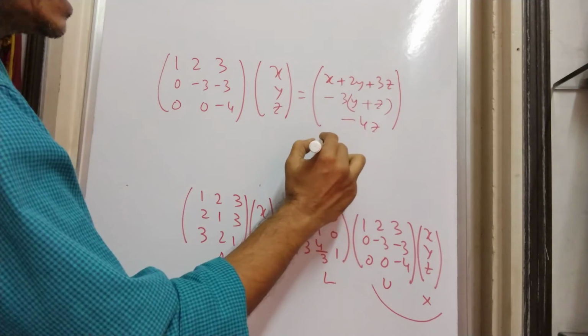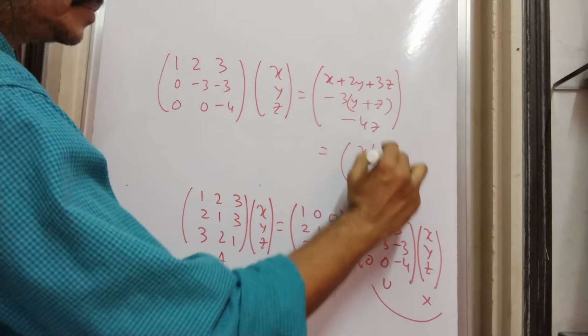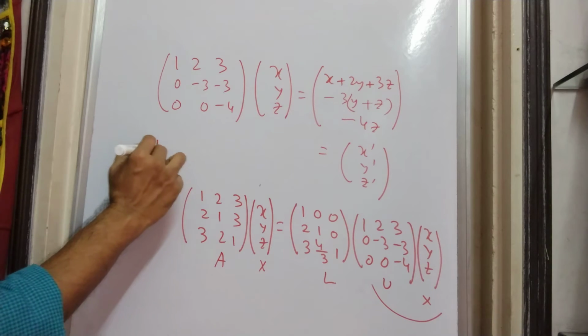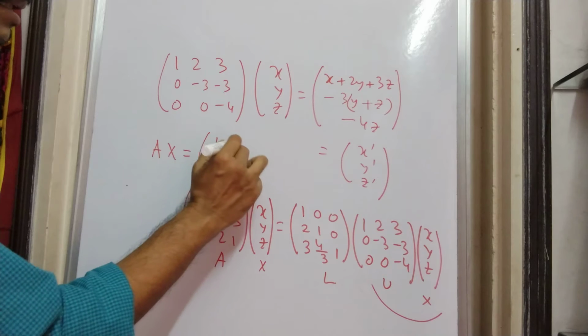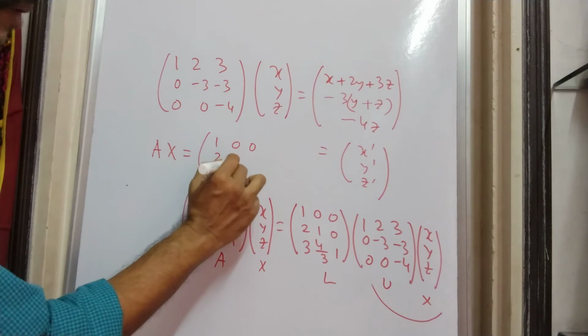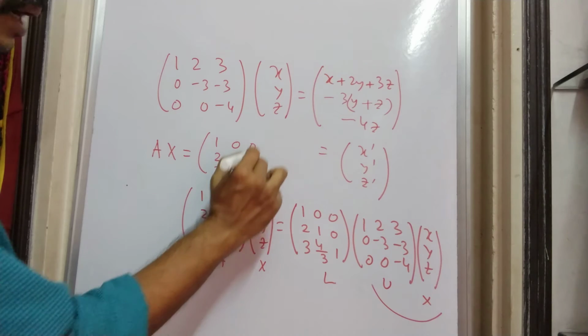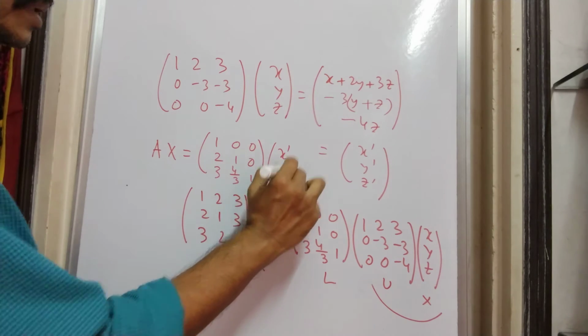Let us represent this as x prime, y prime, z prime. So you can easily see that Ax is equal to this L, which is 1 0 0, 2 1 0 and 3 4 by 3 1 into x prime, y prime, z prime.